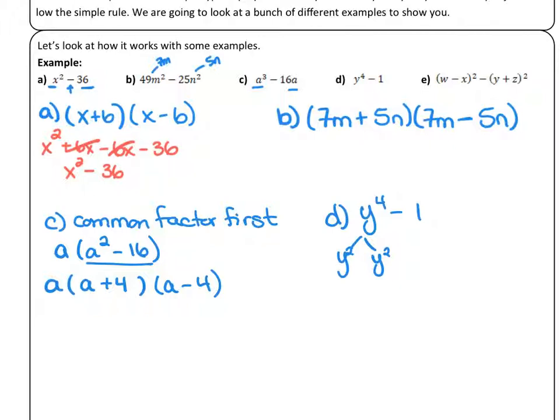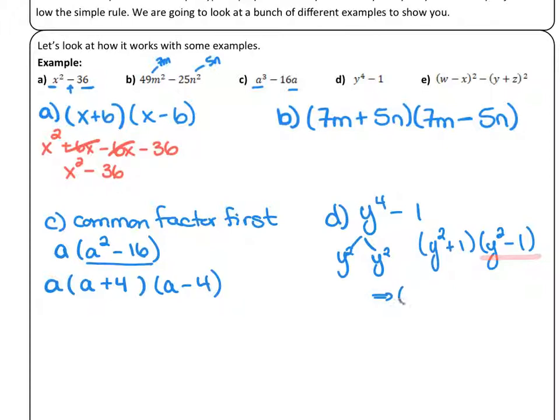So what you're going to do is break it into y squared plus 1 and y squared minus 1. Now, this one actually has another step because if you'll notice, this one here is actually also a difference of squares.